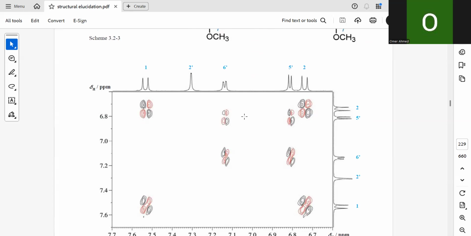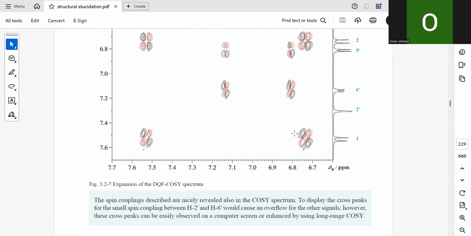Also very nicely, the correlation between proton 1 and proton 2, and also the other correlation between 6 prime and 5 prime. This is vicinal protons.